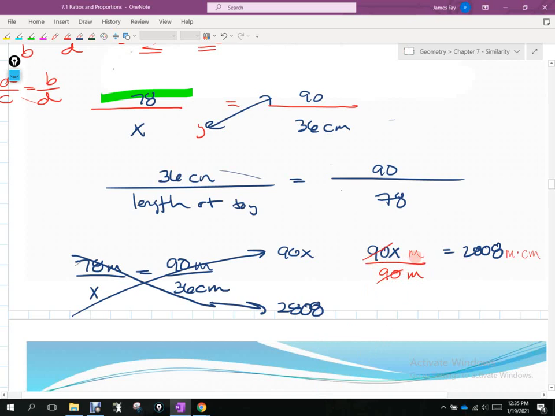So the 90s cancel and the meters cancel. Over here, divide by 90 meters, the meters cancel, and 2808 divided by 90, as a decimal, is 31.2. So x equals 31.2, but what is the only unit left over? Centimeters. Does that kind of make sense?